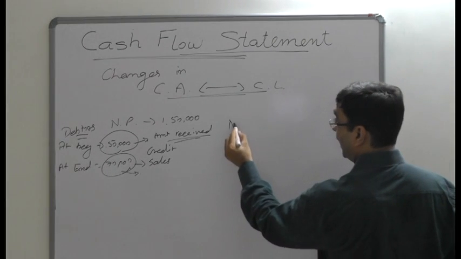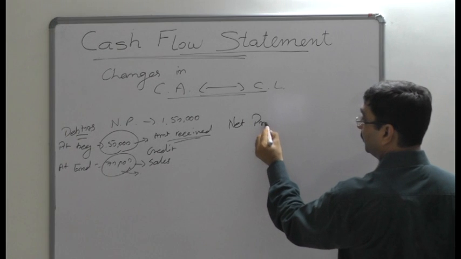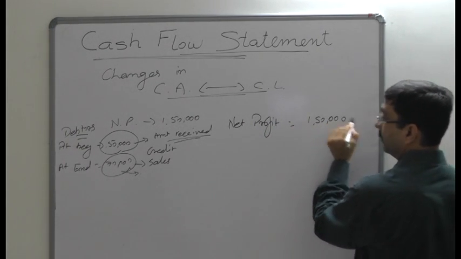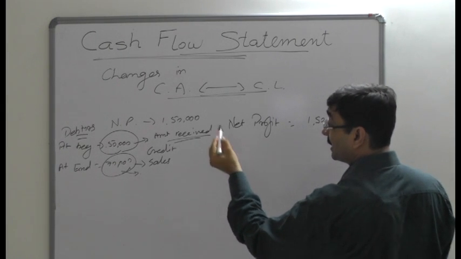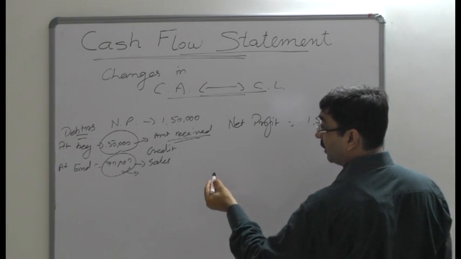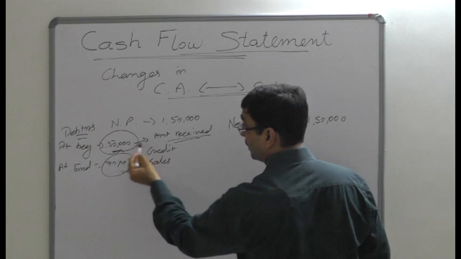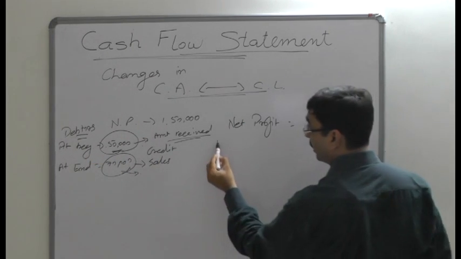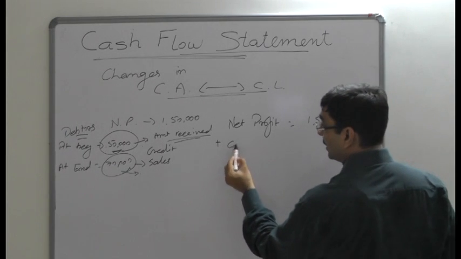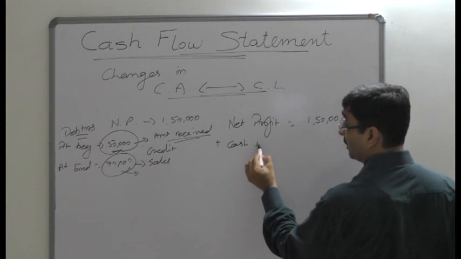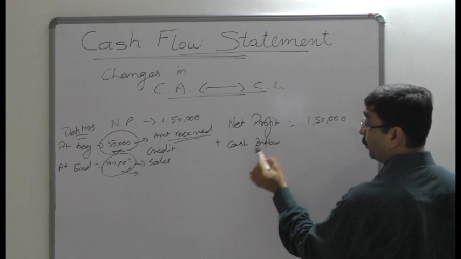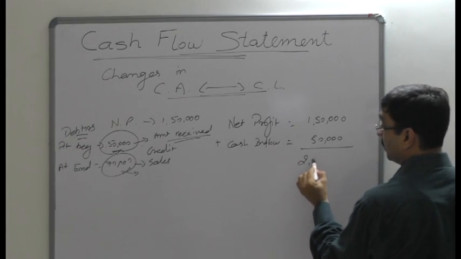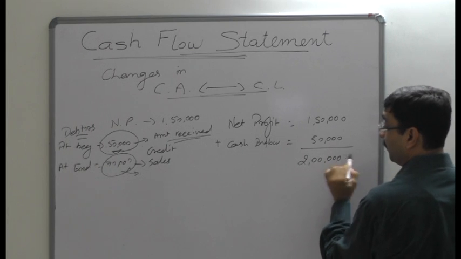See, the net profit is 1,50,000. The amount which we received during the year is the last year's credit sales. We assume that last year's credit sales amount was received during the year, so it's inflow. So the cash inflow during the year is rupees 50,000, and it comes to 2 lakh rupees.